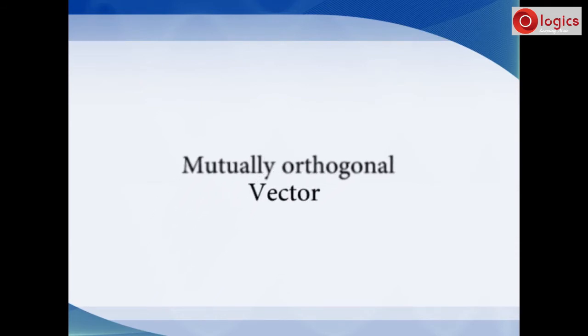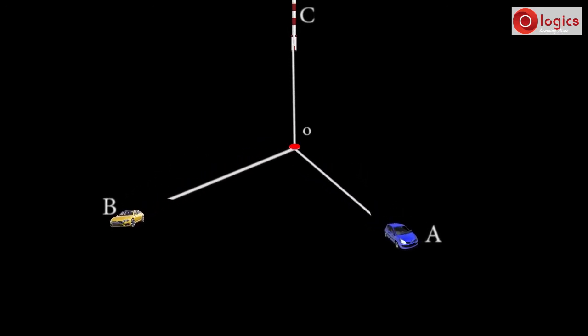Now, let us see what are mutually orthogonal vectors. Now, along with vehicles A and B, a rocket C is also present at point O. Now, all three start to move away in different directions, such that the angle between any two objects is 90 degrees.